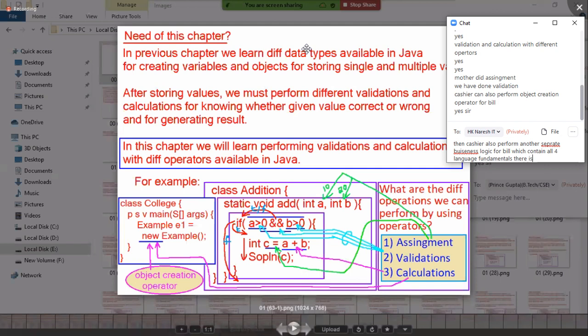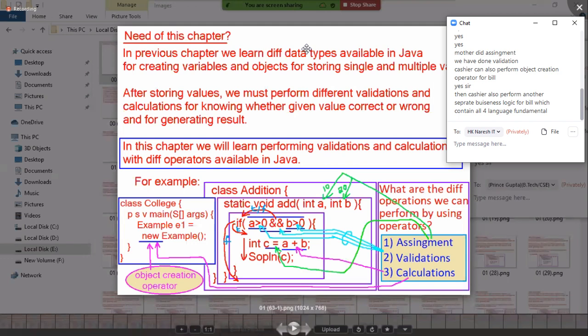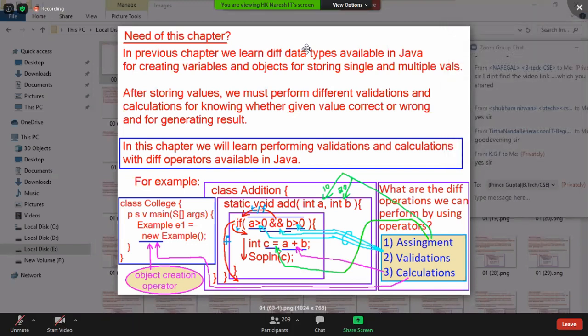Then the stomach starts doing one more level of calculation, making it into energy, nothing but blood and energy and everything, right? So tell me, wherever you go, assignment, validation, calculation should come. So you have to start identifying this assignment, validation, calculation everywhere in your life.